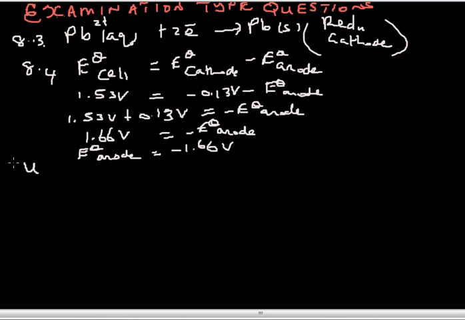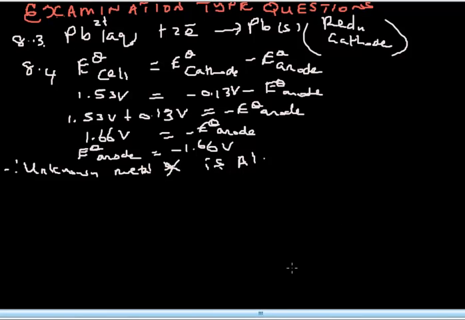So we can actually conclude that the unknown metal X is actually aluminium, right? And this one can also agree with our oxidation reaction.